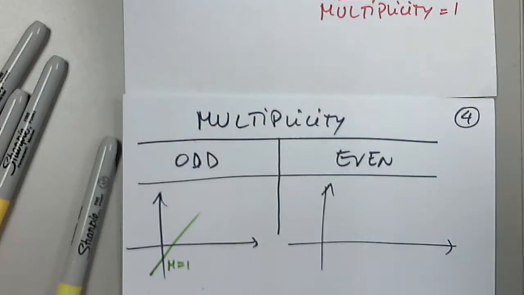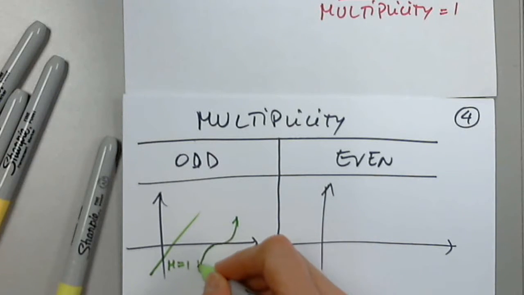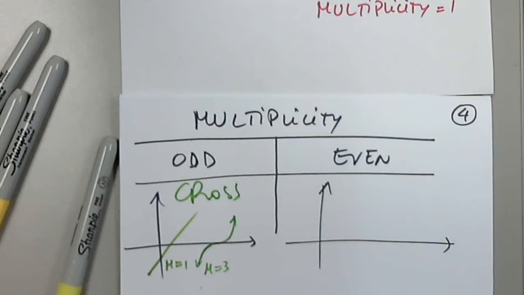When I graph that function, do I graph it like this, or do I graph it like this? Because there are 3 solutions in there. So multiplicity 3 looks like this. It's a cross. They're all crosses, but a flat or slow cross.